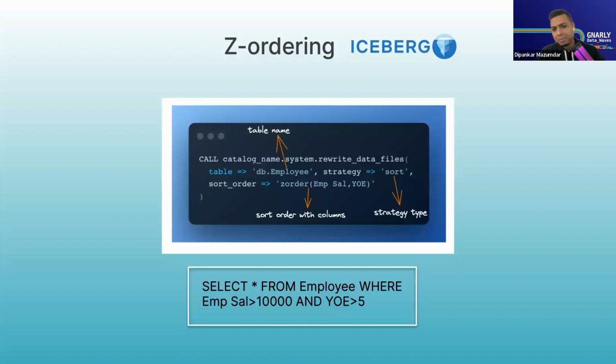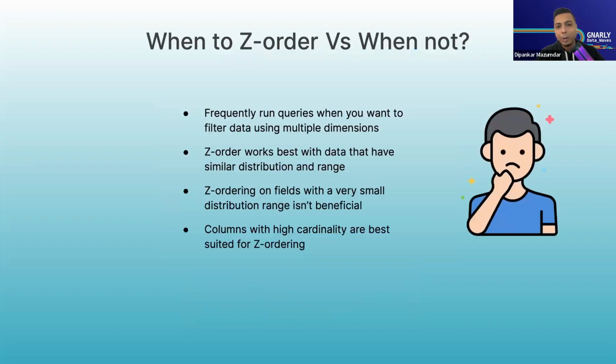But there are a couple of common scenarios for when you can use Z-order versus when not. And obviously this can vary depending on your goals, like I was mentioning. But I have listed out a couple of scenarios for when you can Z-order and when not. First, you can Z-order for frequently run queries when you want to filter data using multiple dimensions. Remember, we talked about the problem: we were good with sorting data, right?